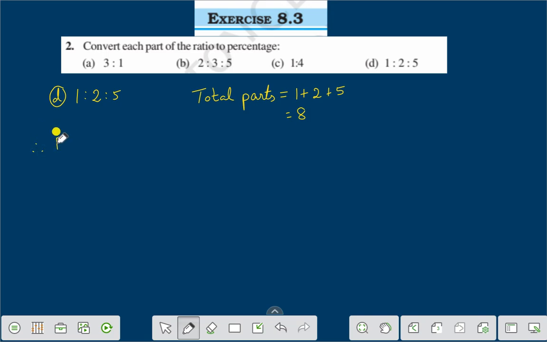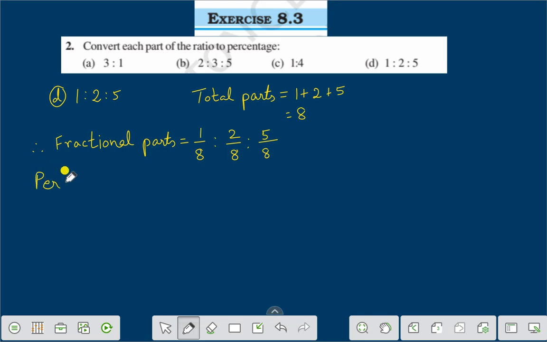Therefore, fractional parts are equal to 1 by 8 is to 2 by 8 is to 5 by 8. Therefore, you'll find percentage of parts.